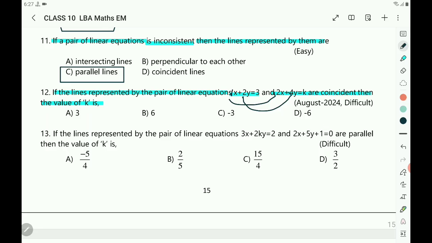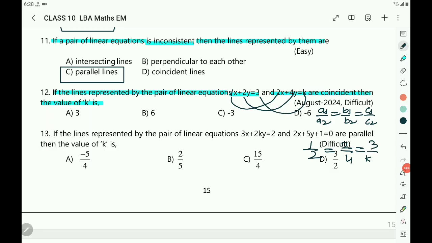So you write a1 by a2 equals b1 by b2 equals c1 by c2 if they are coincident lines. a1 by a2 means 1 by 2 equals 2 by 4 equals 3 by k.